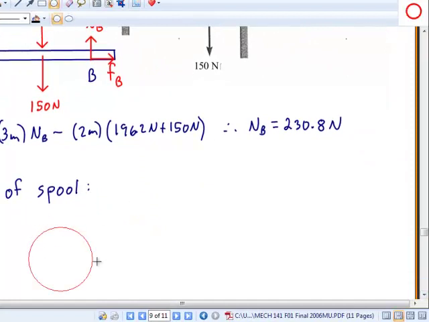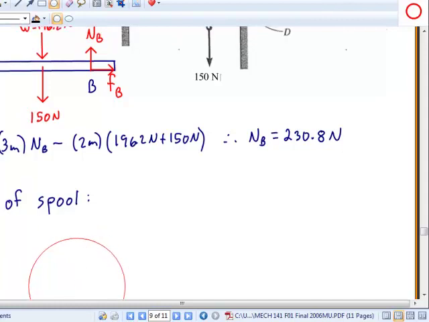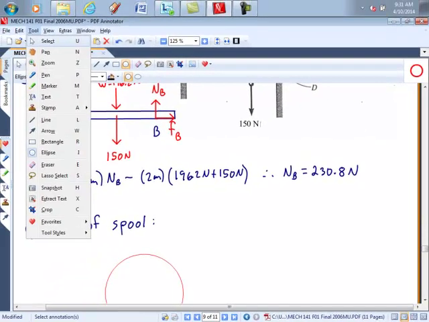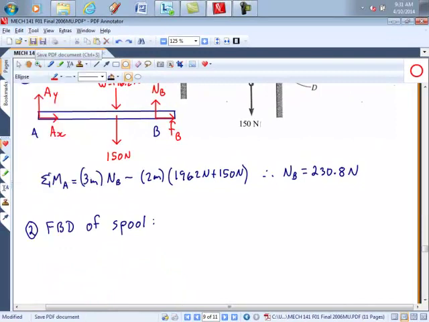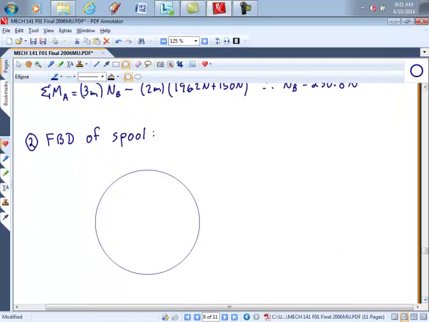So my spool is going to be 2 concentric circles. All right, what forces are going to be acting on the spool?